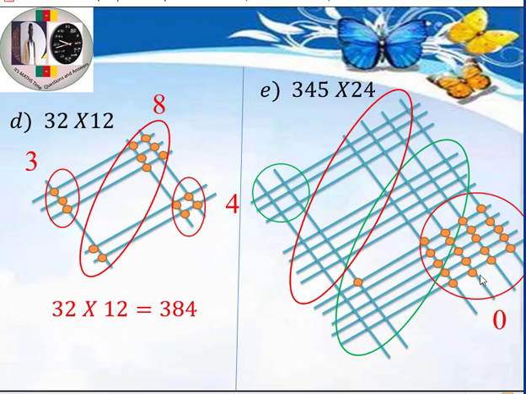So we have 1, 2, 3, 4, 5, 6, 7, 8, 9, 10, 11, 12, 13, 14, 15, 16, 17, 18, 19, 20, 21, 22, 23, 24, 25, 26. 26 plus the 2 we carry from the 20 here, 26, 27, 28. So again, instead of writing 28, we write 8 and carry 2. So we have 8 there, we carry 2.